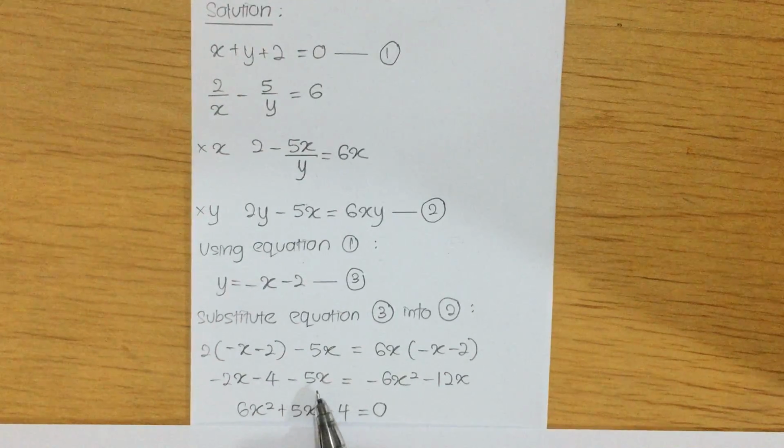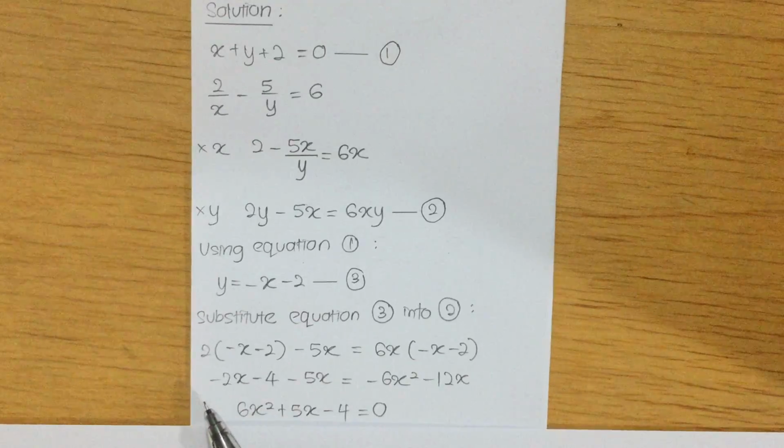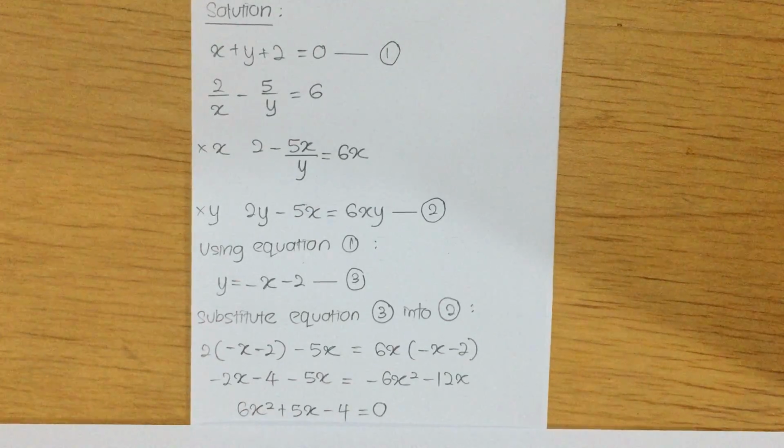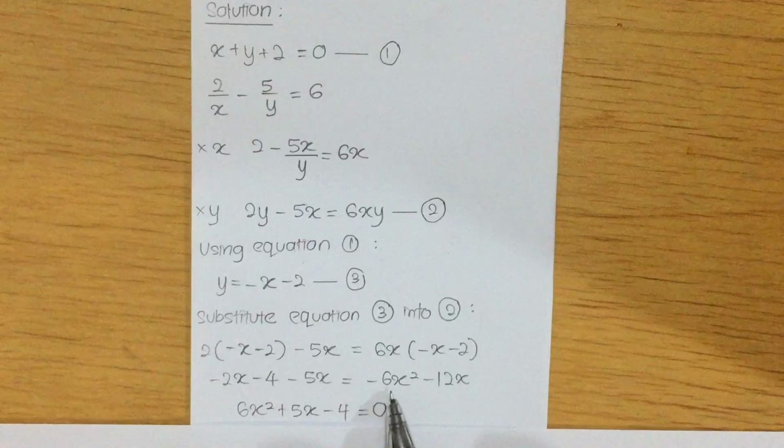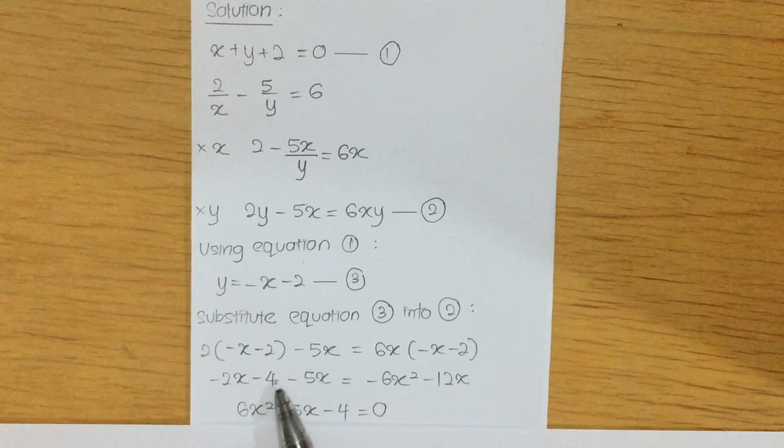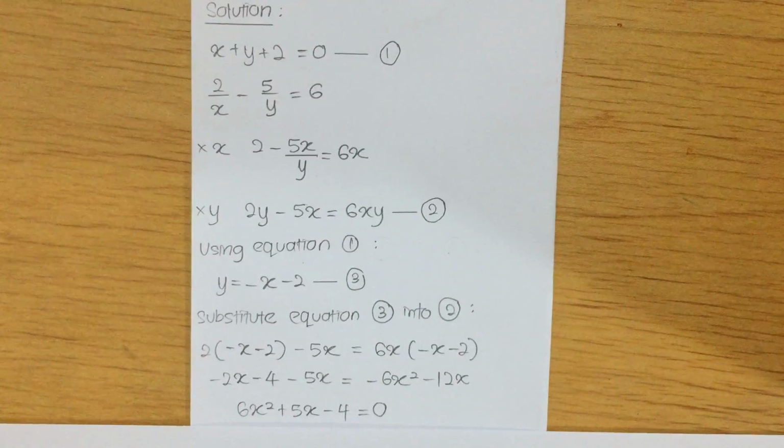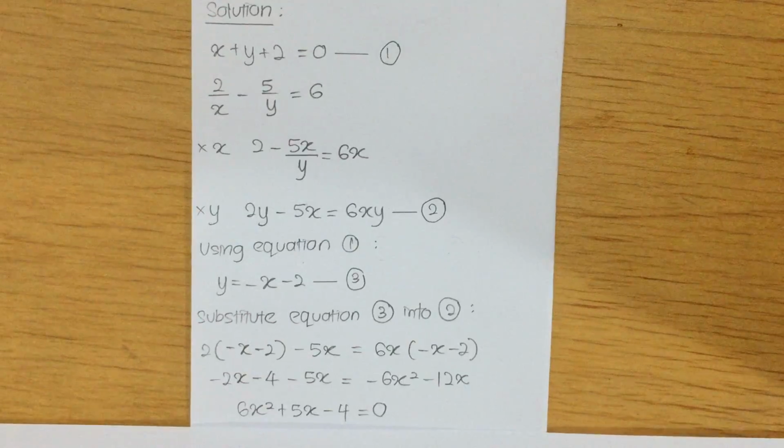So 12 minus 5 and then minus 2, you should be getting 5x. 6x squared negative will become positive. Negative 4 has no effect. Now we have successfully created a quadratic equation in terms of the x variable. Let us proceed to factorize it.